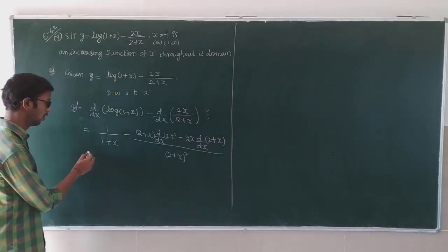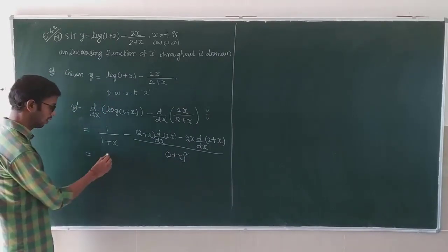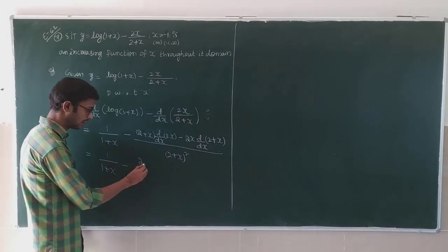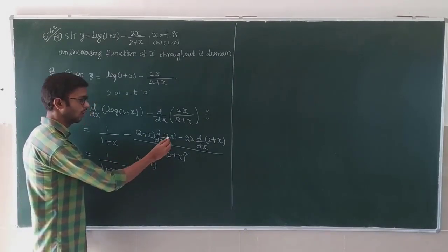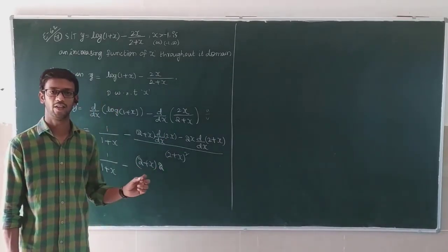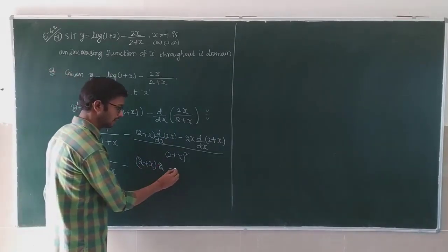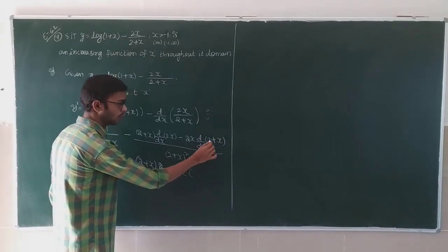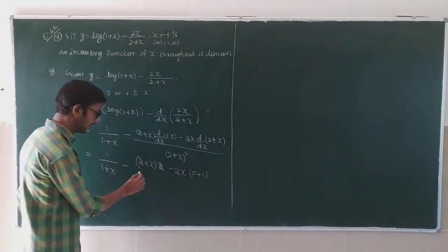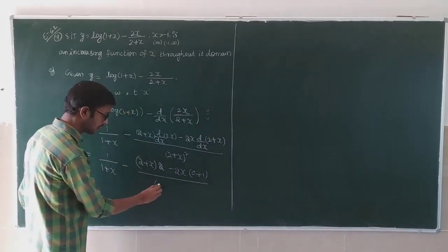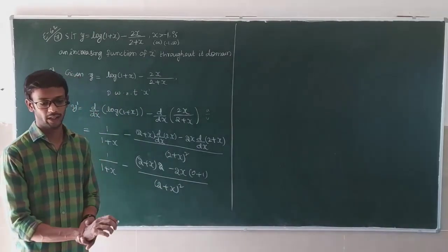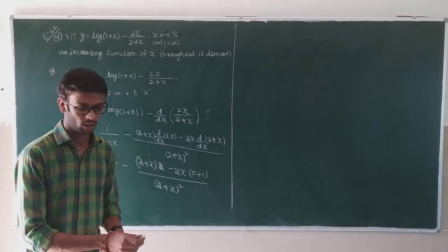This is equal to 1 by 1 plus x minus, 2 plus x into the derivative of 2x, which is 2, minus 2x into the derivative of 2 plus x, which is 0 plus 1, divided by 2 plus x whole square.